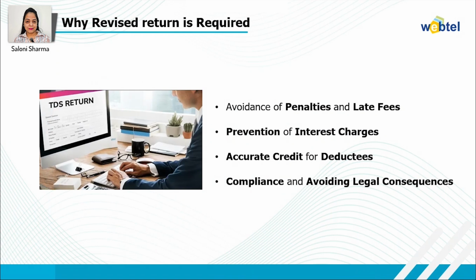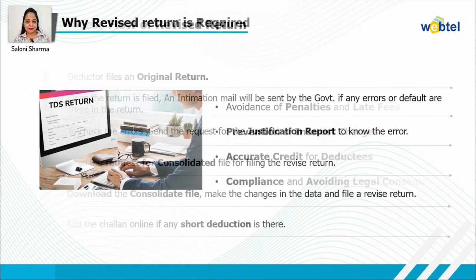You need to ensure the deductions are correctly calculated and well documented, and you need to stay updated on the tax law. Then compliance and avoiding legal consequences: you need to follow the relevant laws and regulations for filing the taxes on time. So these could be the reasons for which you need to file a revised return.